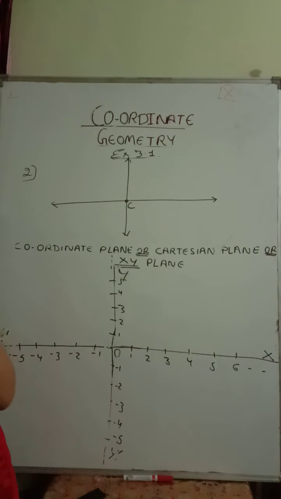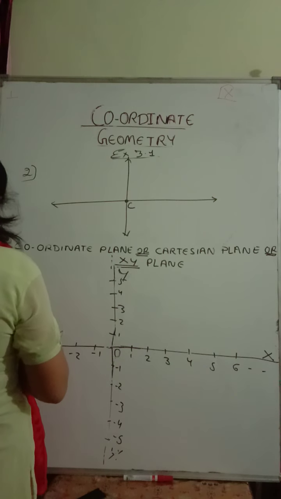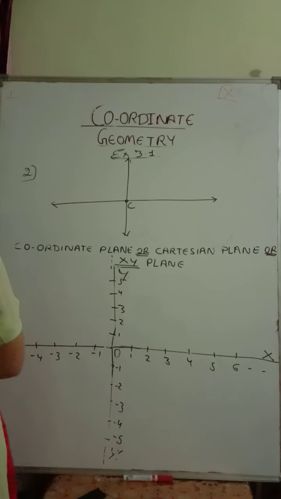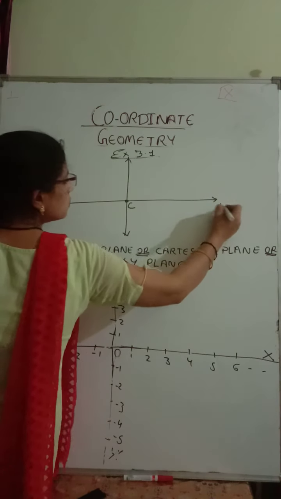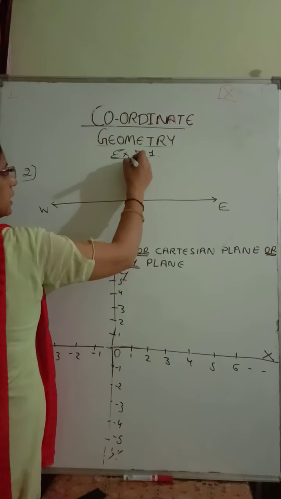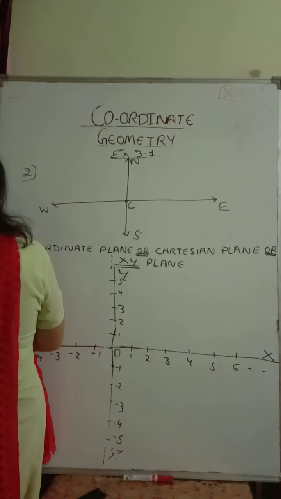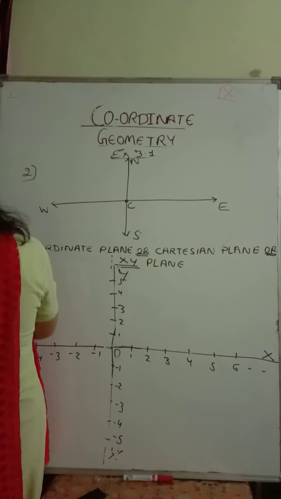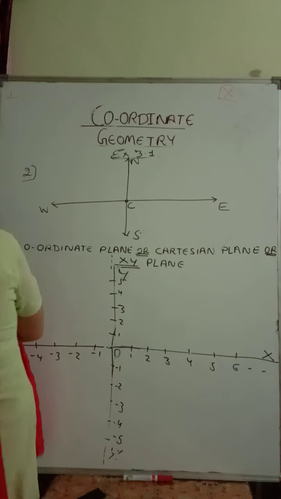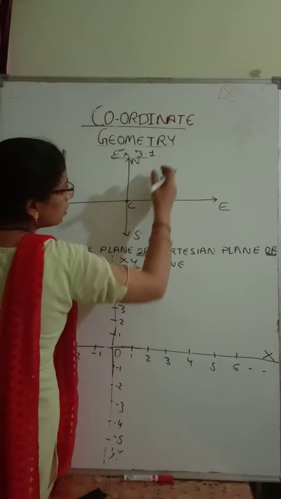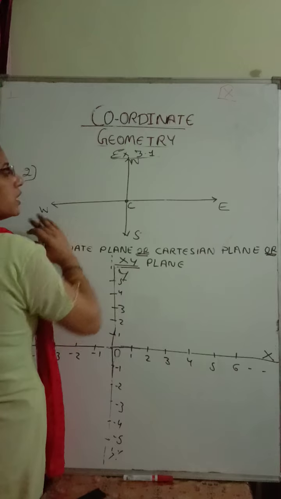Okay, so what they are saying, these two roads are along north-south direction and east-west direction. There are streets which run parallel to these roads. So you can take this side also, you can take both the sides.